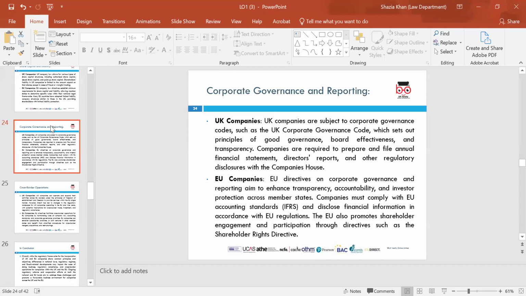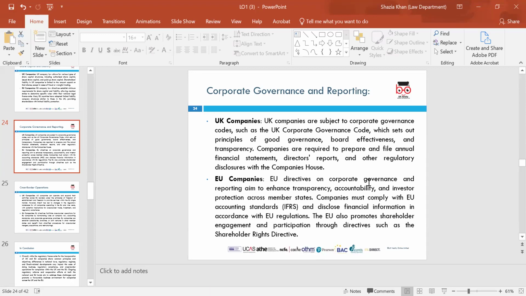Corporate governance and reporting. UK companies are subject to corporate governance codes such as the UK Corporate Governance Code, which sets out principles of good governance, board effectiveness, and transparency. Companies are required to prepare and file annual financial statements, directors' reports, and other regulatory disclosures with Companies House.